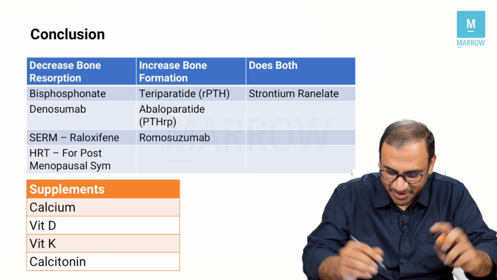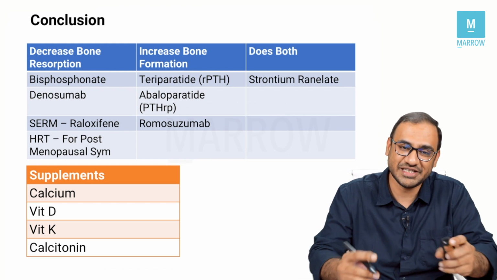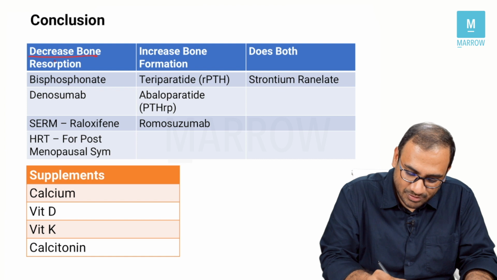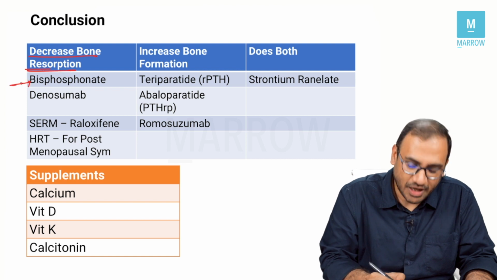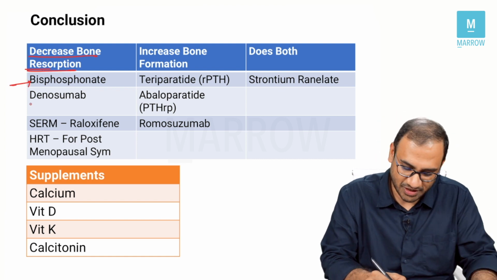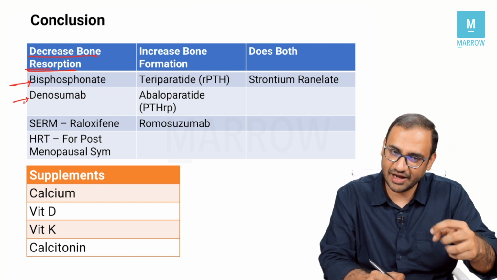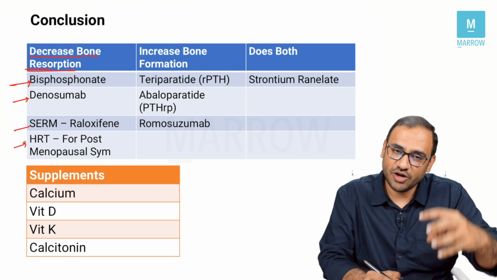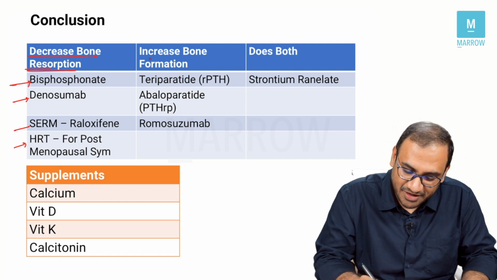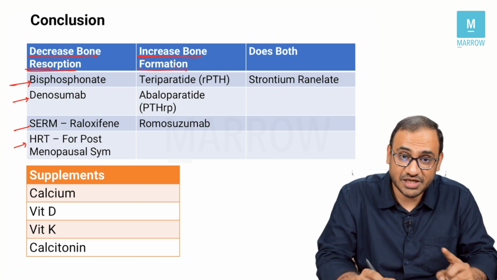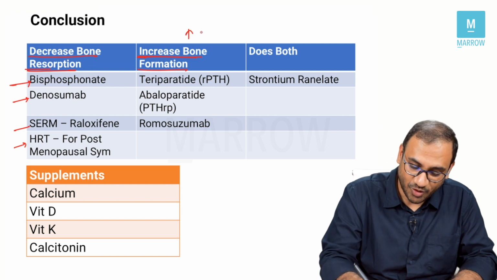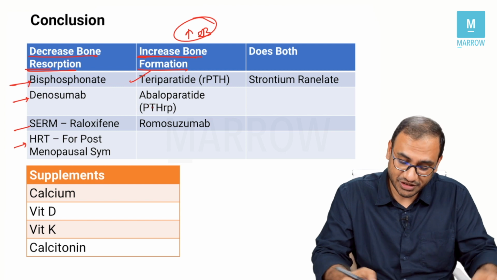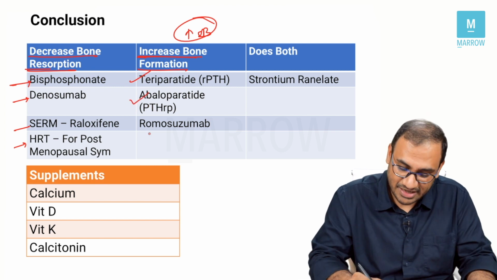Okay. So let me just summarize everything here so that your life becomes easy and you'll thank me later. Just look at this slide, everything is here. The drugs that decrease bone resorption are bisphosphonates, meaning they suppress osteoclasts. Denosumab suppresses RANK ligand, suppressing osteoclasts. SERMs and hormone replacement therapy, all of them suppress osteoclastic activity. Drugs that increase bone formation means increase the activity of osteoblasts. Teriparatide. Another newer version is abaloparatide.